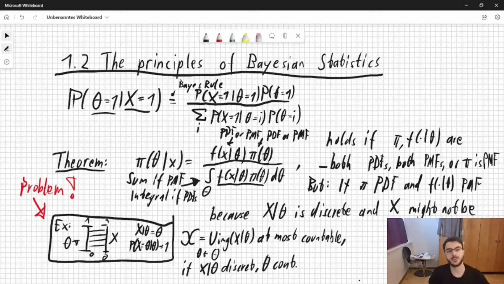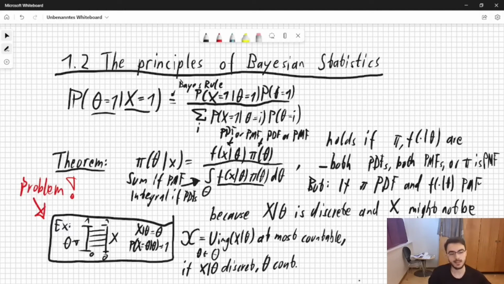Because this assures us that the marginal distribution of x is still a continuous distribution, and then we can directly imply what the posterior distribution will be, if it's going to be a discrete or continuous distribution.